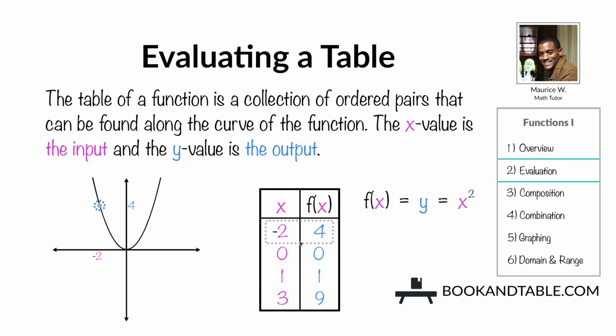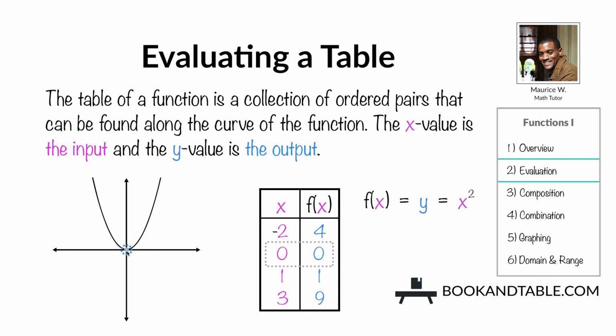So for example, the first pair is -2, 4. That lets you know when you go to -2 along the x-axis, the curve will have a value of +4. So f of x has a value of +4 when x is equal to -2. That's what this shows. When x is 0, y is 0.